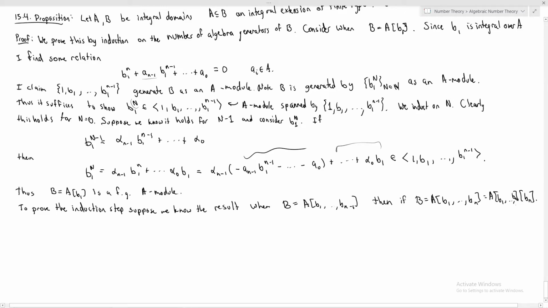So note, by induction, this thing is a finite extension, A contained in A join B1 through Bn minus 1. This extension is finite.